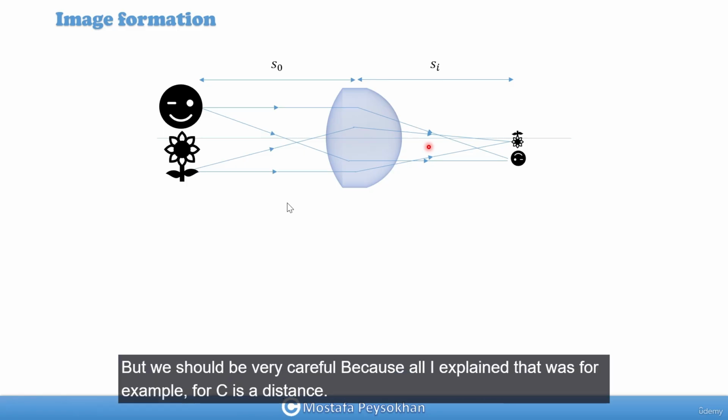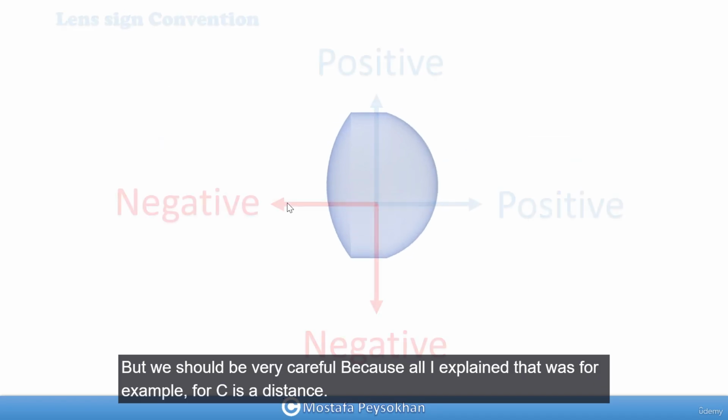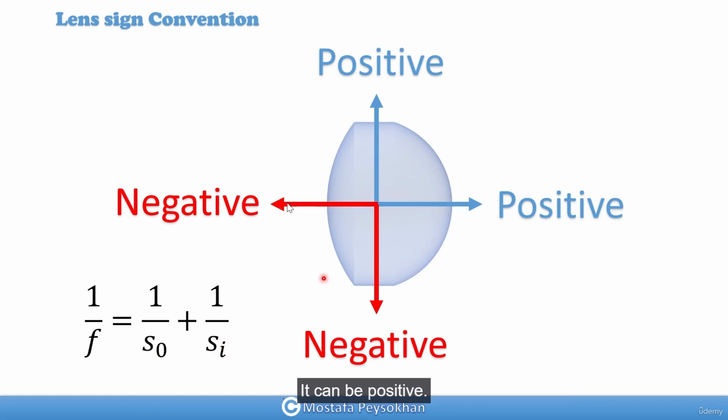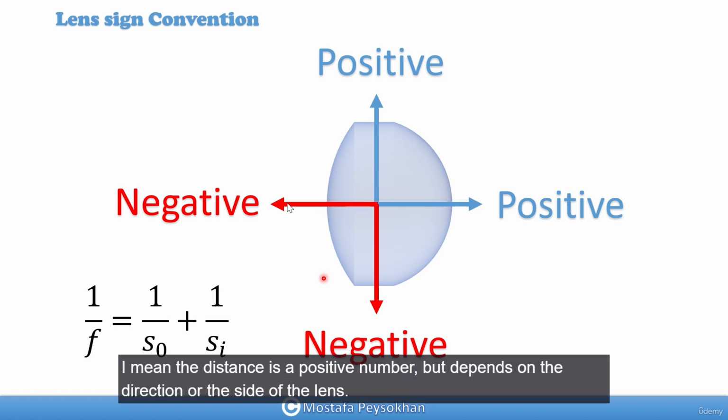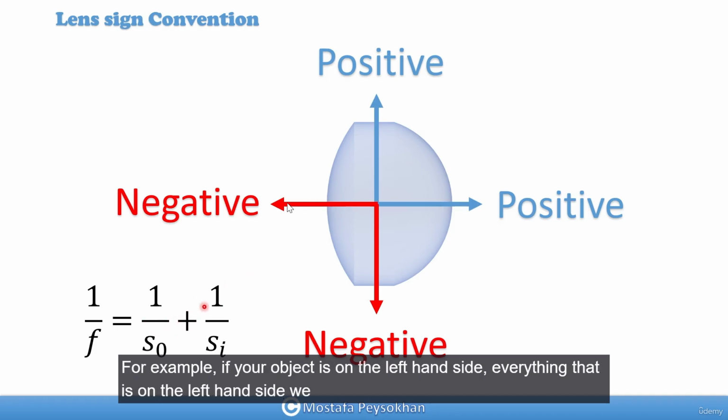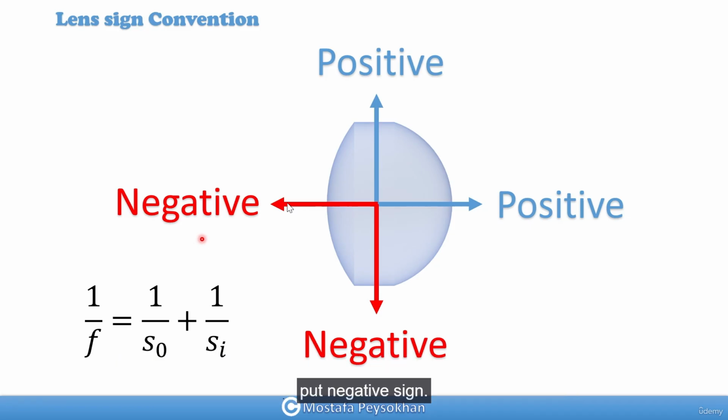But we should be very careful, because all I explained, for example SI, is a distance. I mean, a distance is a positive number, but depending on the direction or the side of the lens, we should manually put a negative or positive sign on those values. For example, if your object is on the left hand side, everything that is on the left hand side we put a negative sign.